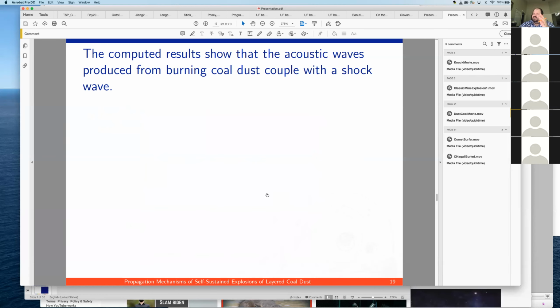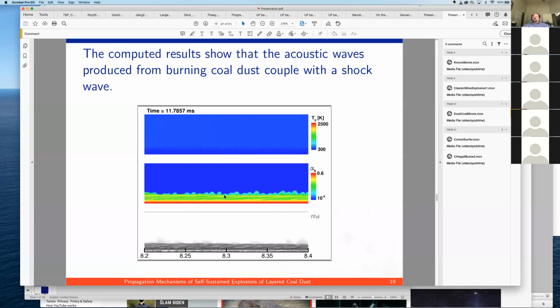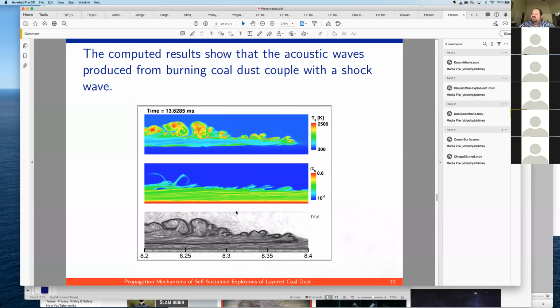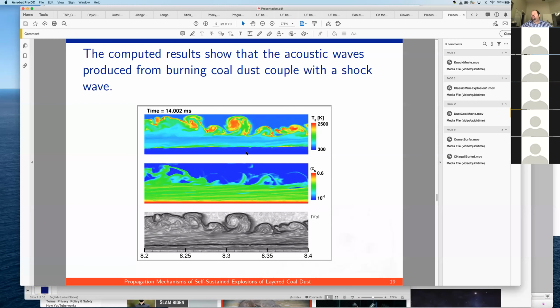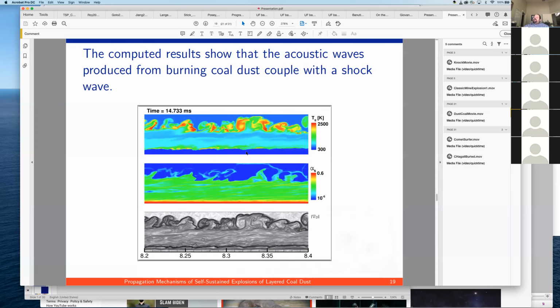So let me play it again. The shock wave moves by, the dust gets dispersed into the air, which you see right here. And then if you look on the top pane here, which is the temperature, you'll eventually see flame kernels form. And these are producing acoustic waves, which you see in the Schlieren, and that is producing a coal dust flame.